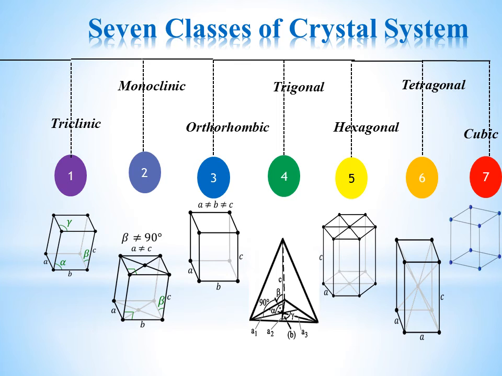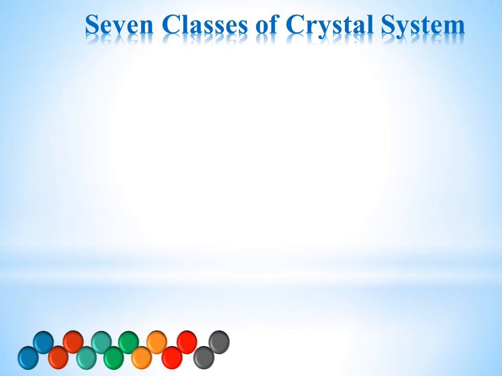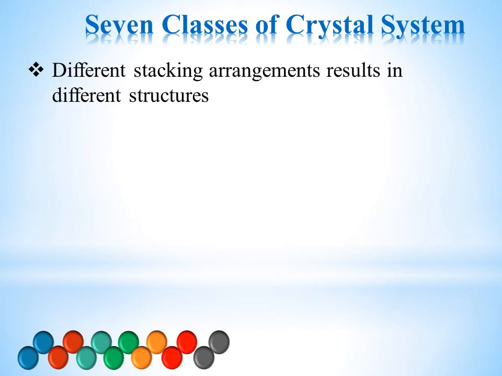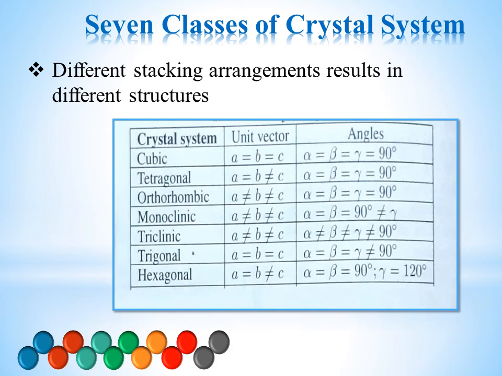Here are the respective pictures for those 7 classes of crystals. Hence, with different stacking arrangements, it results in 7 different crystal systems. They are cubic, tetragonal, orthorhombic, monoclinic, triclinic, trigonal and hexagonal. Their respective unit vectors and angles are shown in the table.